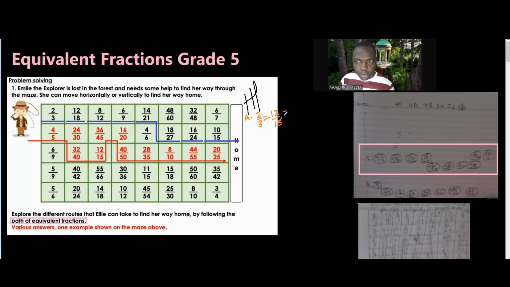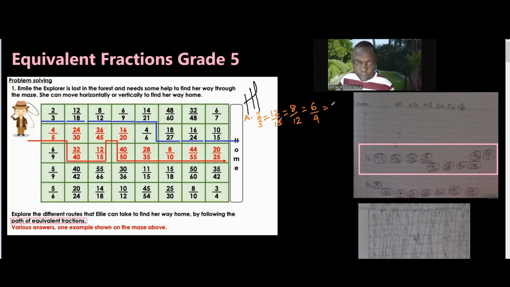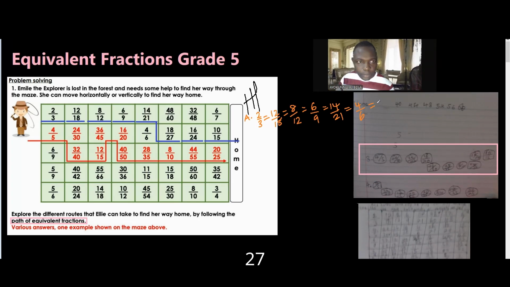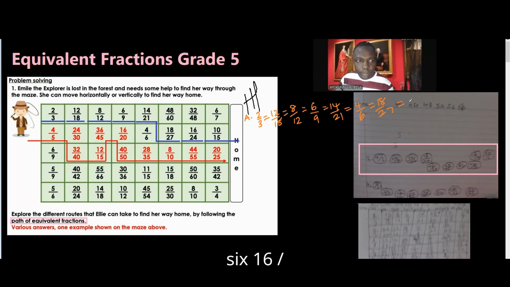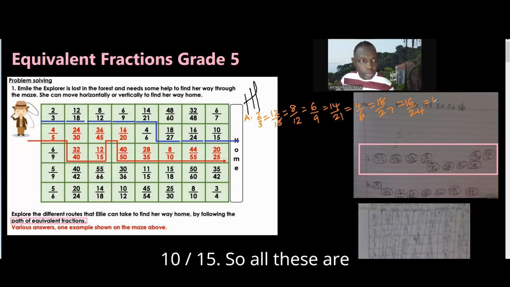Equal to what again? 8 over 12. And 6 over 9, 14 over 21, 4 over 6, 18 over 27, 16 over 24, and 10 over 15.